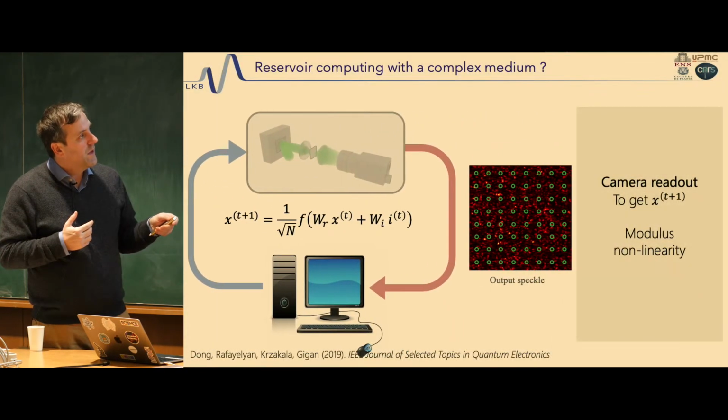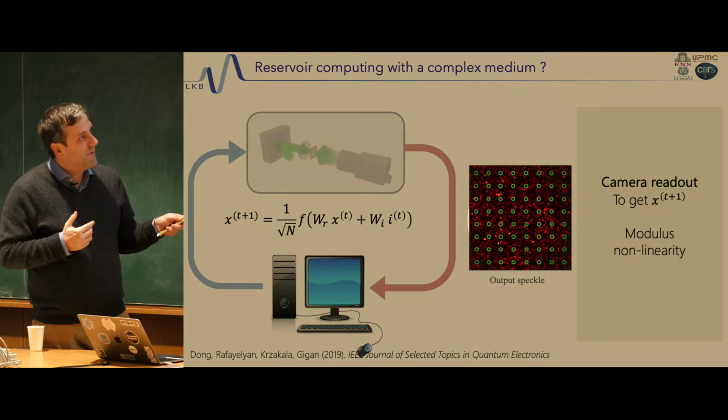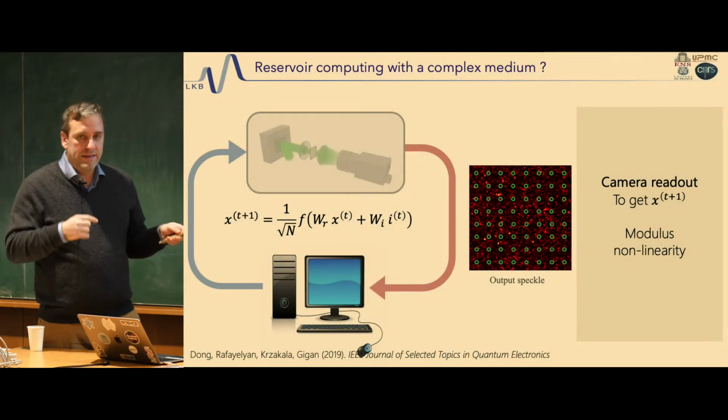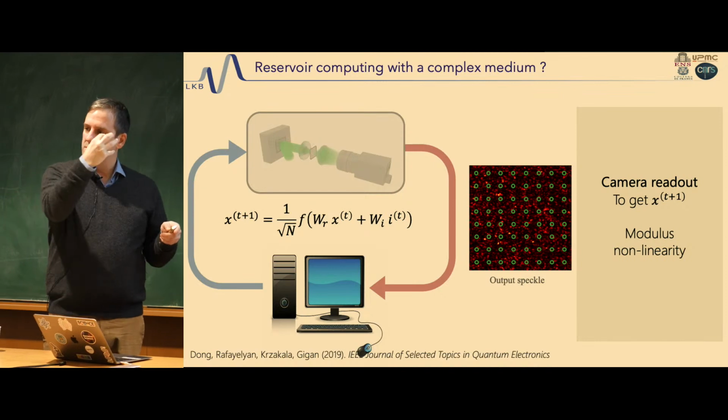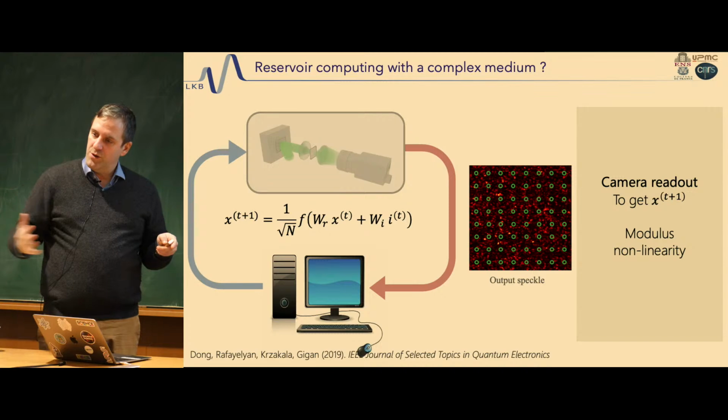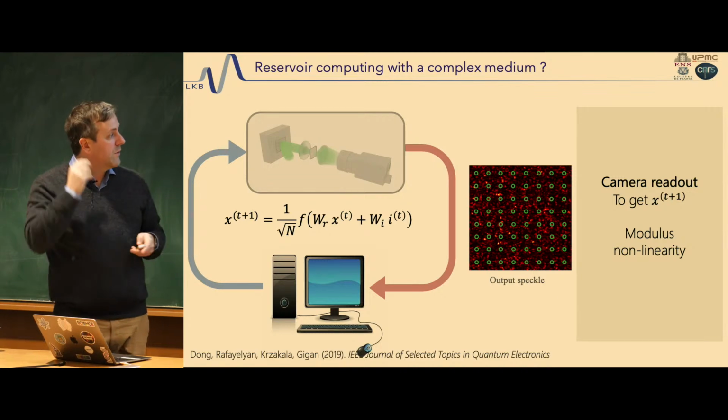So on the camera, we get the next step of the reservoir, with a nonlinearity that is the modulus square because it's intensity detection. And then we do the feedback electronically. So we take whatever is on the camera and we put it back on the SLM electronically. So the matrix multiplication is optical, but the feedback is electronic.